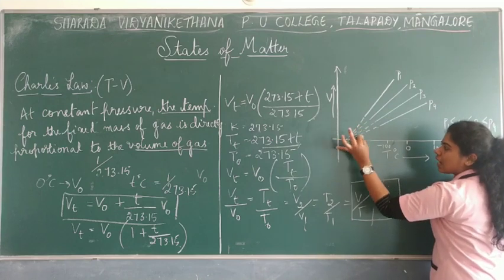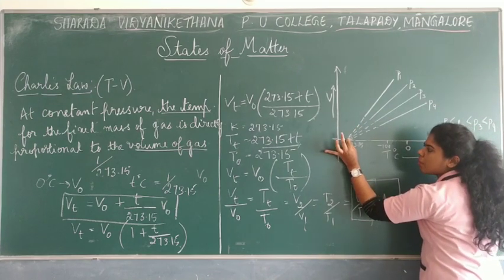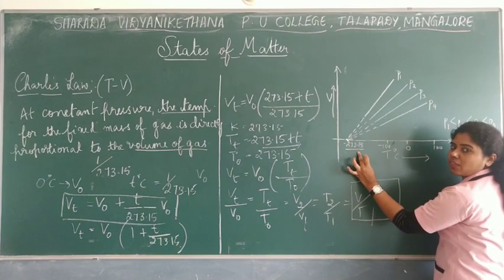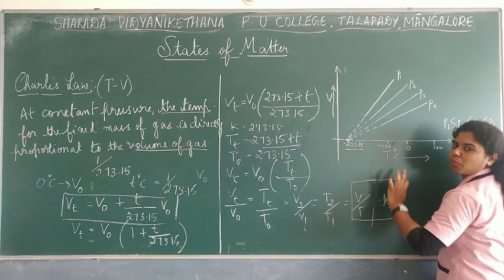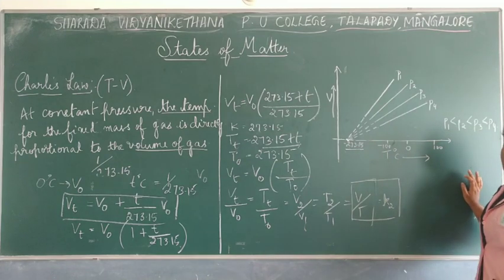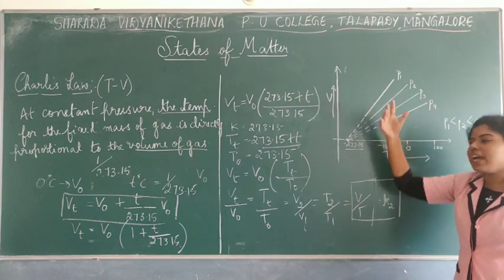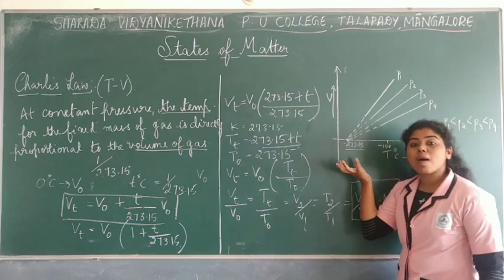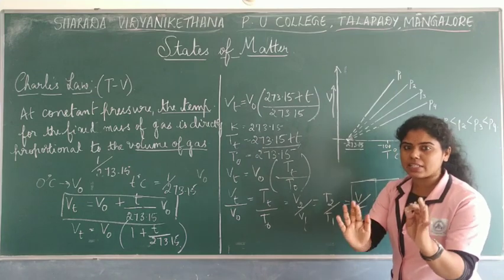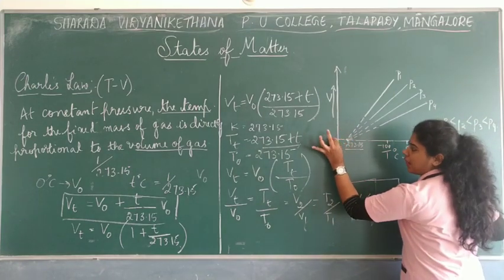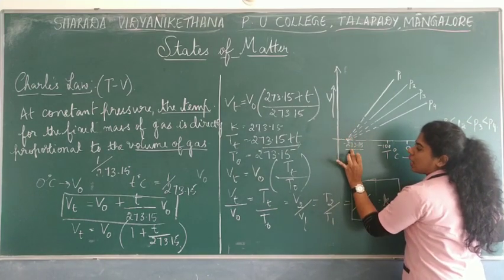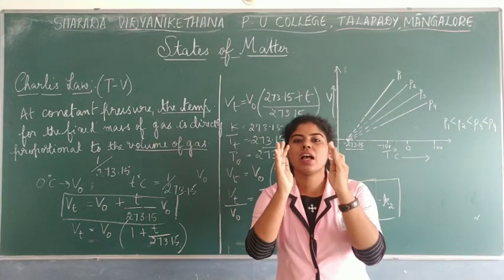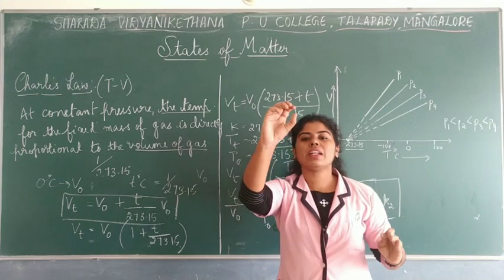When these lines were extended, they all met at a point, and that point had a temperature of minus 273.15. And for all the pressures, it was a constant value. That's why we say this is the absolute scale of temperature, which means that this is the temperature at which the volume of the gas will remain 0.